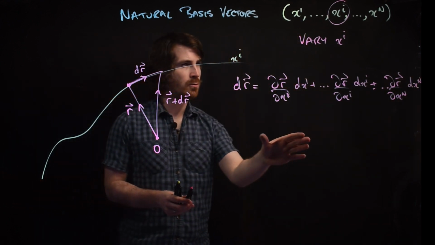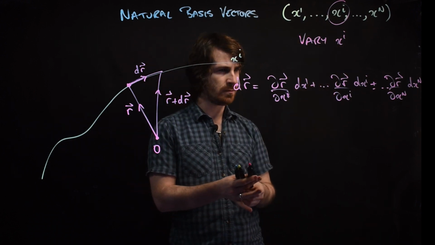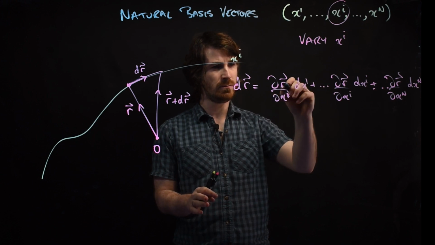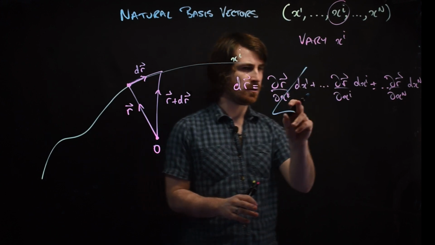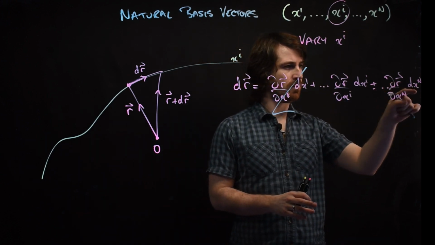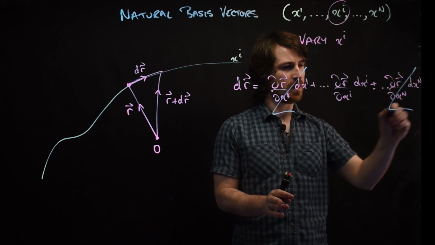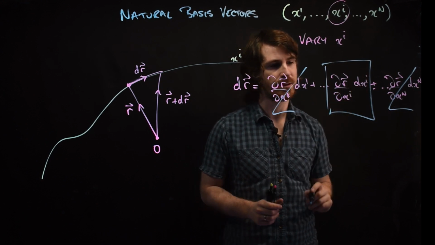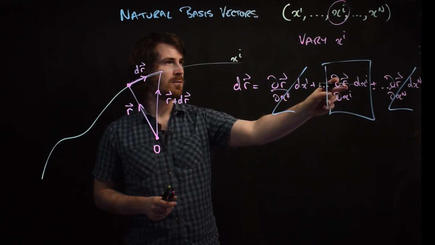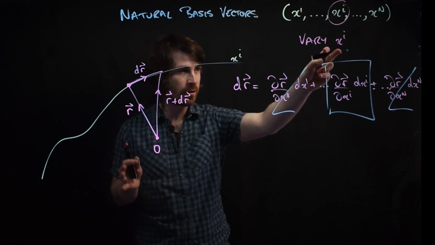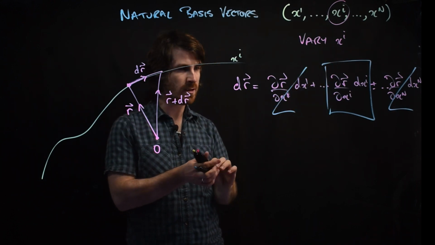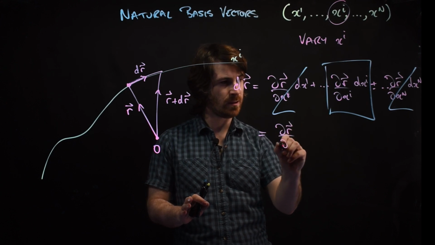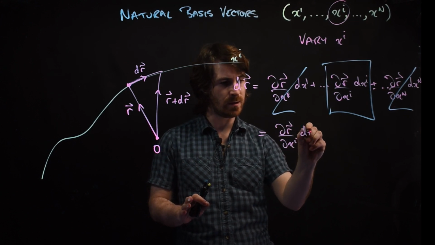If we only vary one of the coordinates, then dx1 is 0, so this term is 0. All the other terms are 0, dxn is 0, and the only one that survives, of course, is this dxi term, because we're varying the xi. So in this case, dr equals dr by dxi dxi.